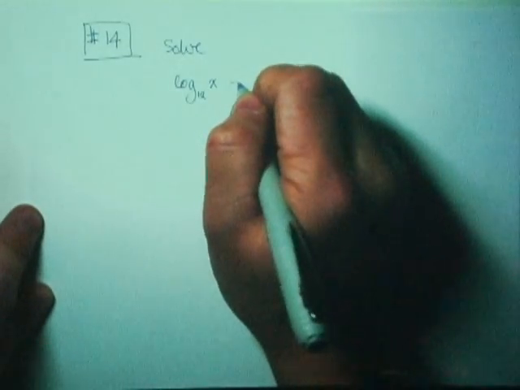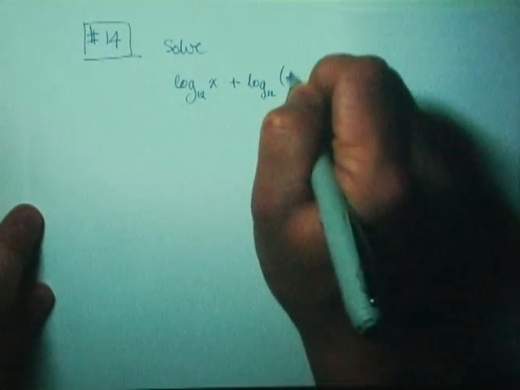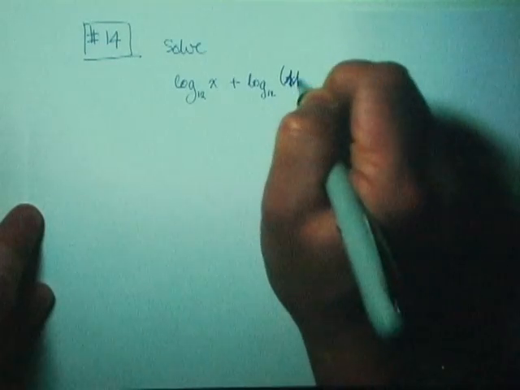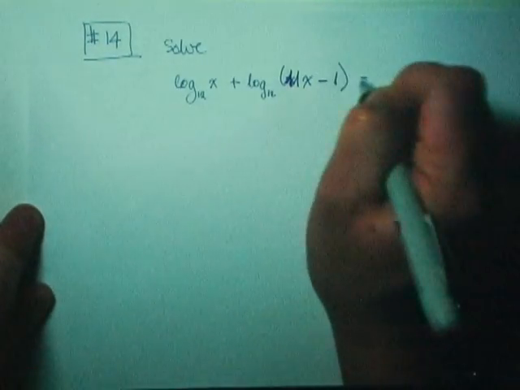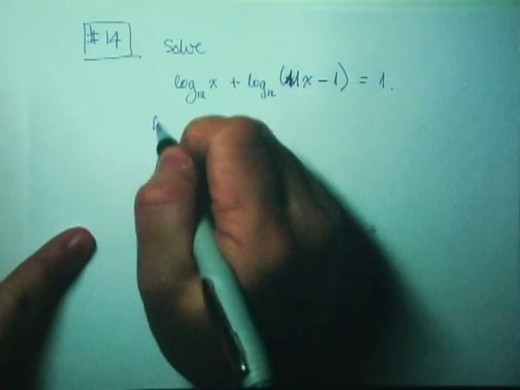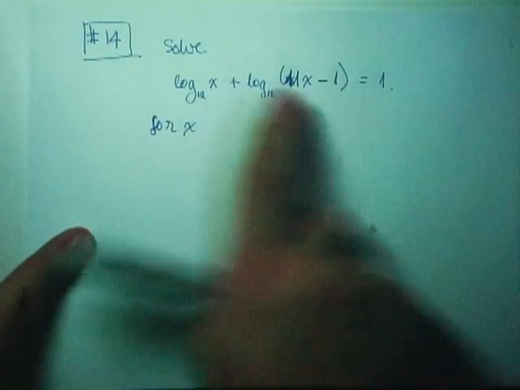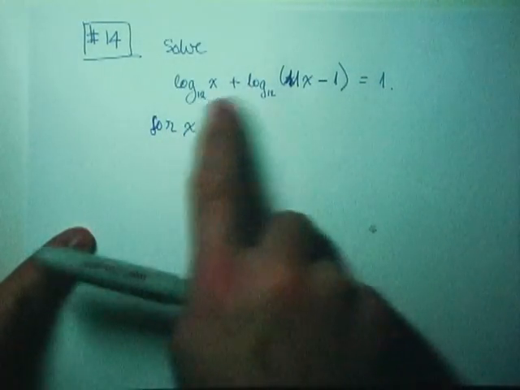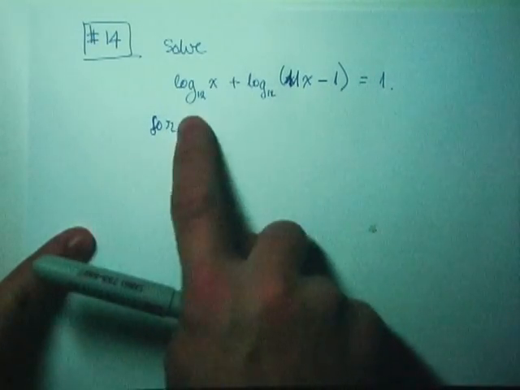Log base 12 of x plus log base 12 of 11x minus 1 equals 1. So now I have an equation here. We want to solve for x. And once again, notice it has 2 different log terms, but the good thing is they still have the same base 12.